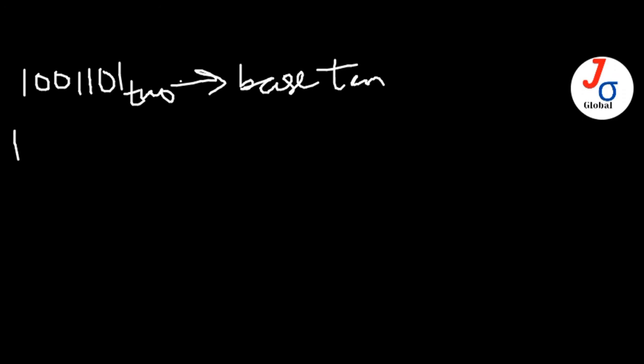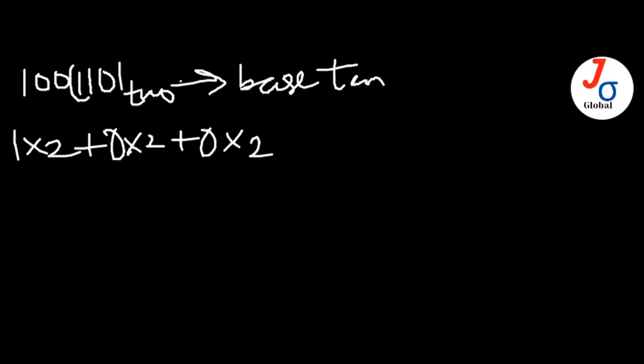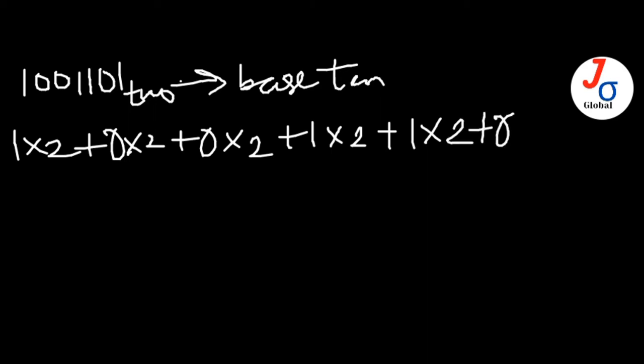And so we have 1, this one here, multiplied by the base 2, plus 0 multiplied by the base 2, plus 0 multiplied by 2, the base, then plus 1 multiplied by 2, then plus 1 multiplied by 2, then plus 0 multiplied by 2, then plus 1 multiplied by 2.